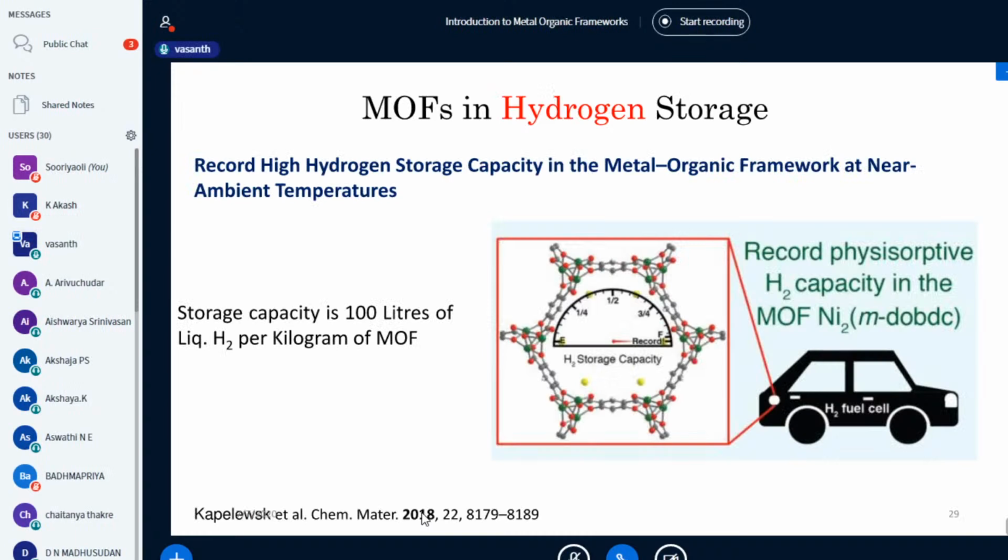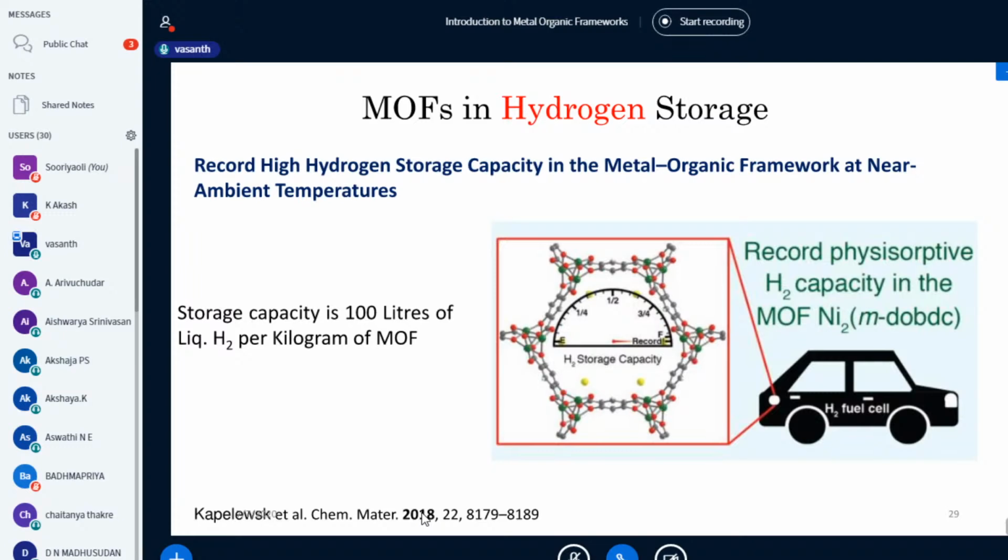So carbon dioxide can be selectively absorbed as well as stored. Similarly, fuel cells are currently being developed in the market. If we could successfully store hydrogen safely, then fuel cells are possible. So metal organic frameworks have an important part in it.